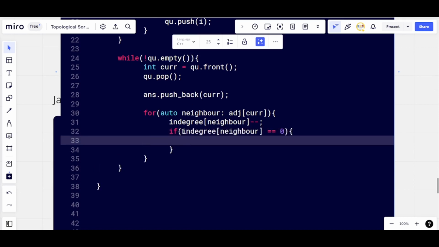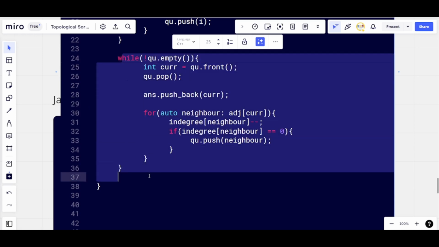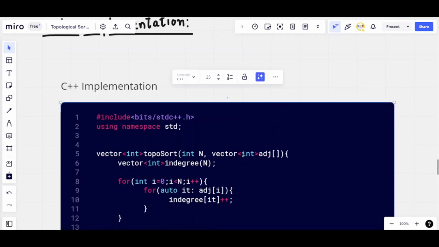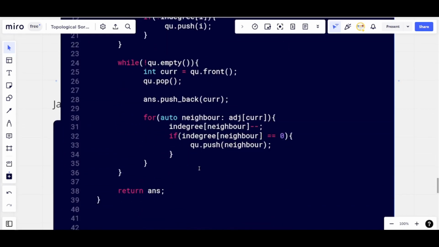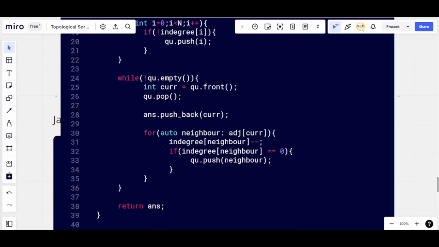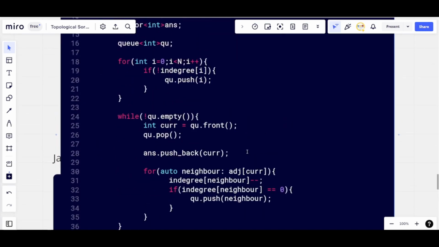If it becomes 0, then that means I can push this neighbor node into the queue, and that's all. After I end up running this loop, I will have my answer array prepared, which I will return from the end of this function. So in this fashion I will have my toposort function, and this is the implementation in C++ language. Simple BFS with a little modification.